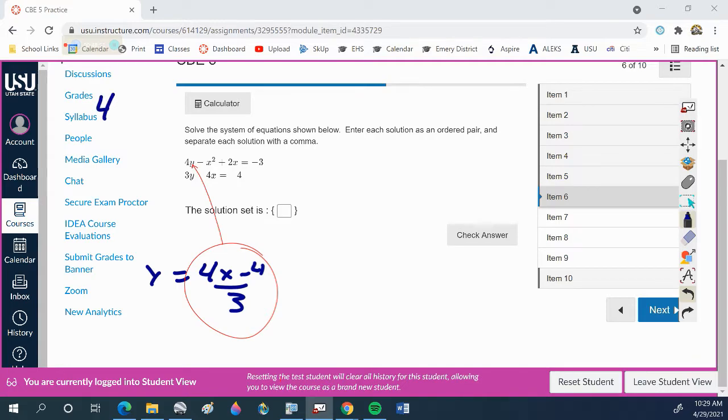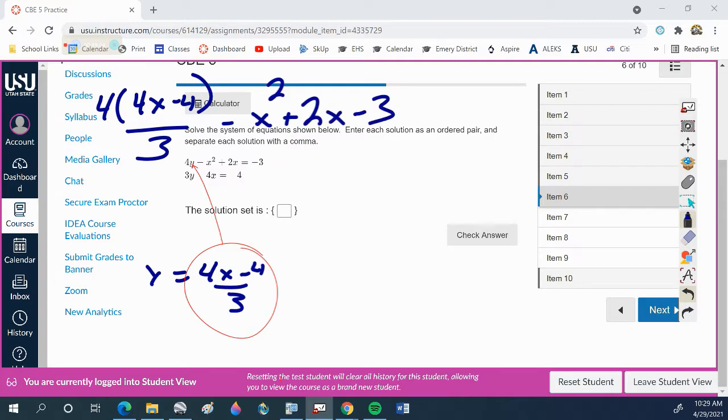And I get 4 times 4x minus 4 over 3 minus x squared plus 2x minus 3 equals negative 3. I don't like fractions, so what could I do to get rid of the fractions? Times everything by 3.